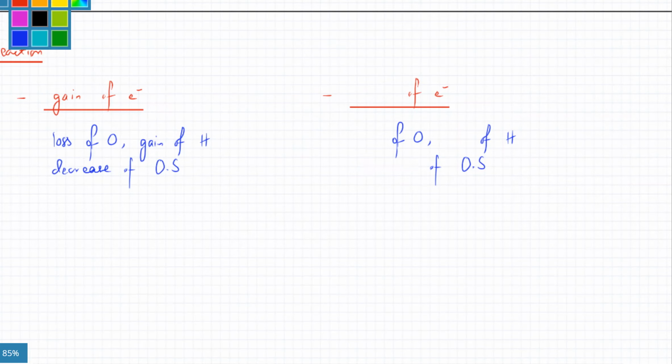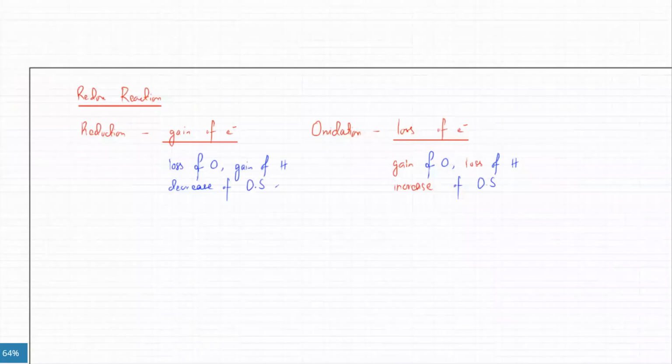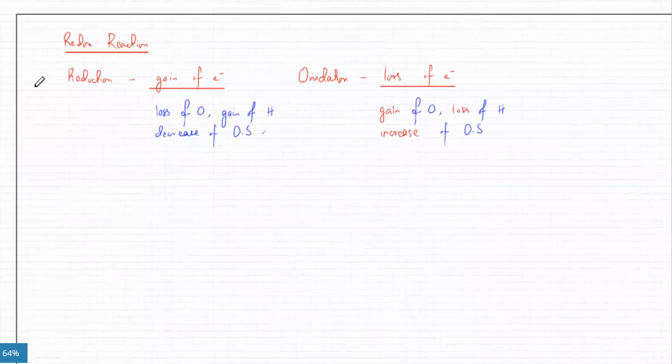Oxidation is a loss of electrons, and it's a gain of oxygen, and it's a loss of hydrogen atoms, and it's an increase of oxidation state. So that is exactly the opposite of what reduction is.